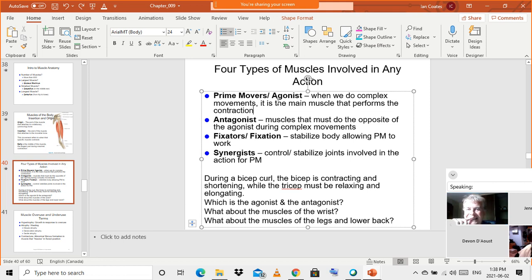Your antagonist muscles, okay? They're muscles that must do the opposite. So these are opposite, and there are so many muscles there that oppose each other. You have your quadricep, which is in the front of your thigh, and that moves your leg forward. Try it.